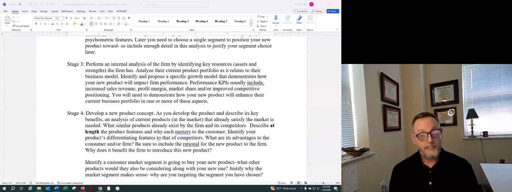So it's an industry analysis focused on the product category that you're going to deal with and focus on further in the project itself. As we move to stage 3, however, now our shift or our emphasis is placed solely on the company that you've chosen. So what we want to do is basically two things.